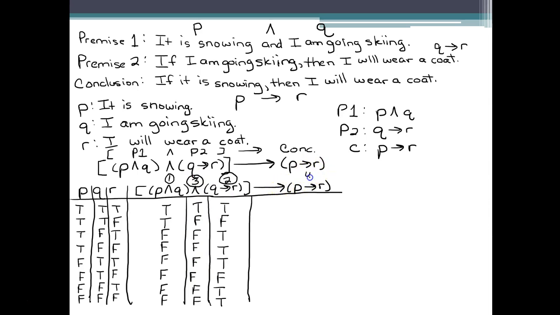Then we got to come over here and do these parentheses. If P then R, we've got T, F, T, F, T, T, T, T. And then finally, using this column here and this column here, we have the conditional arrow. That's number 5.